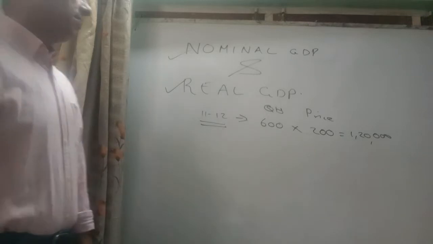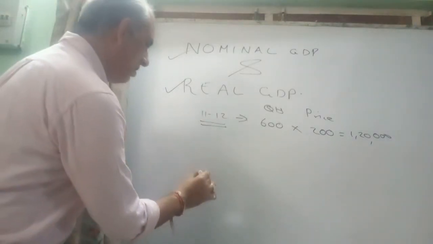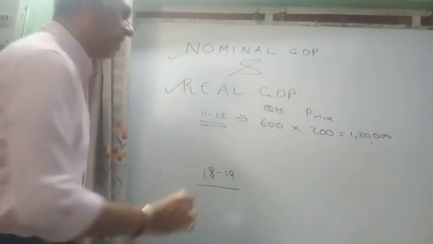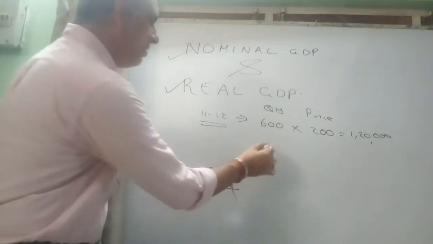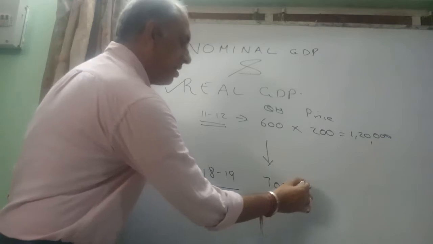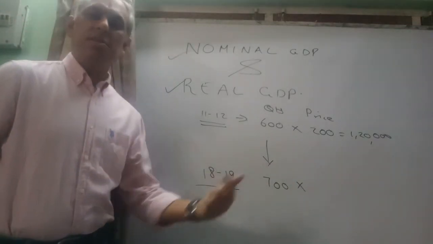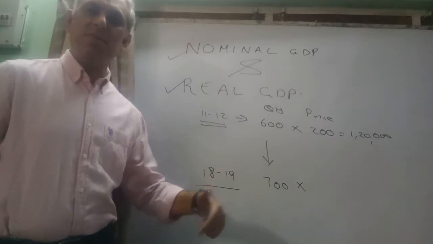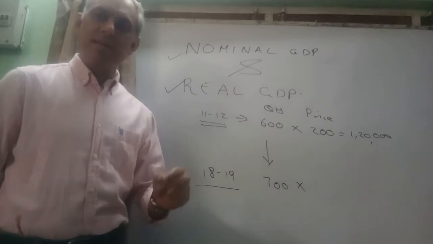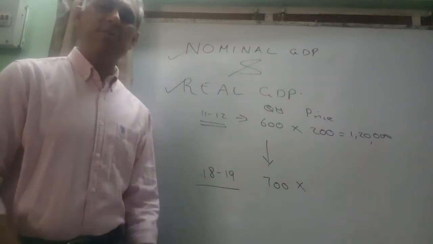600 multiplied by 200. Now, if I have to compute the current year valuation, let's say for example, I am taking 18-19 as the current year, and in that 18-19, the units produced are 700. But you have to remember that in these years, the prices must have risen. For some goods, the prices must have been skyrocketing. For some, there might be a marginal increase in price. Exceptionally, there might be certain goods which have fallen in terms of price.